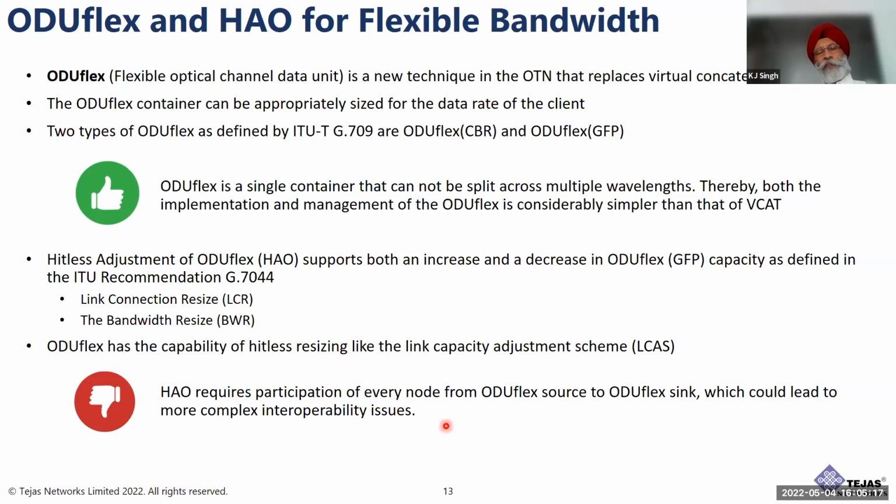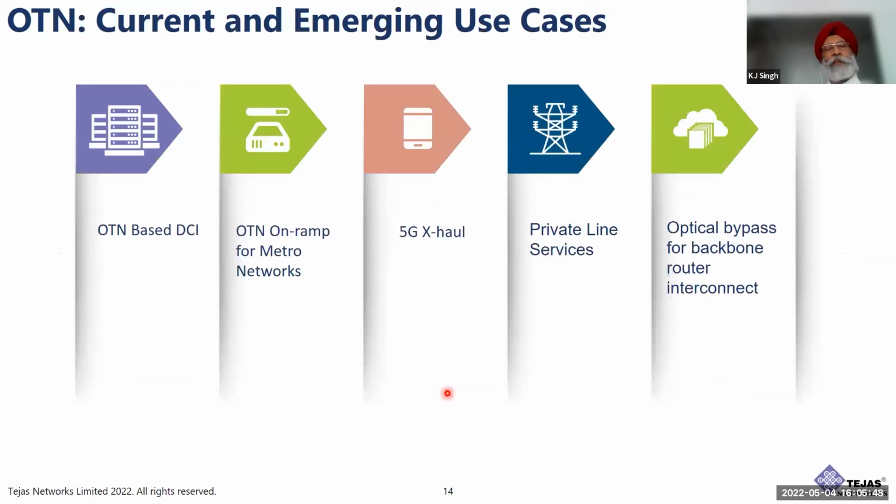The only drawback, I would say, is that in a multi-vendor situation, it's a little complex, but nevertheless, it's one of the items in the network planning toolkit that you have if you have to support a customer where the bandwidth demands are incremental. So you can use this kind of technology.